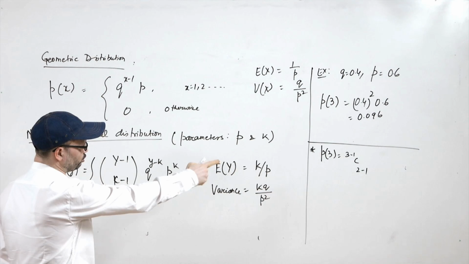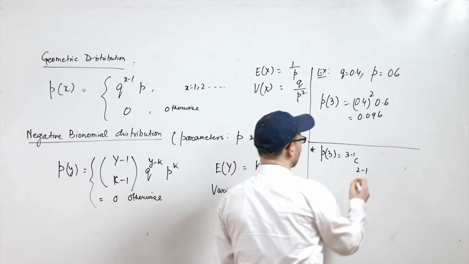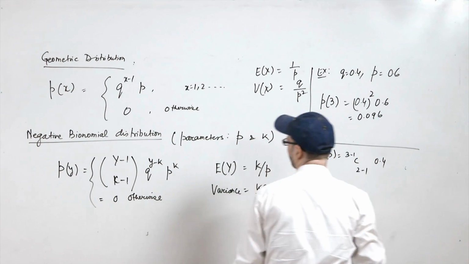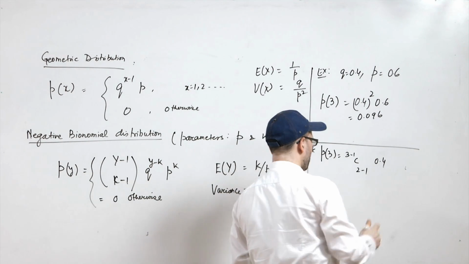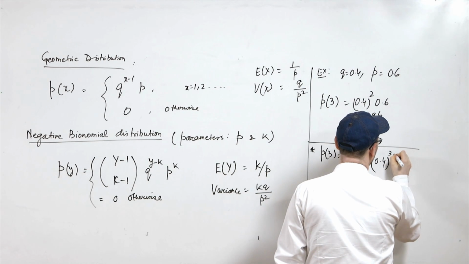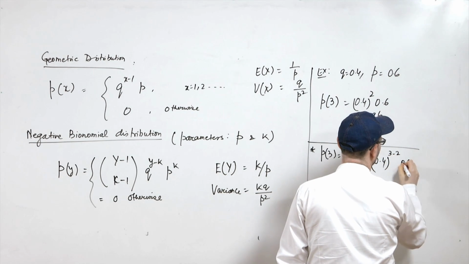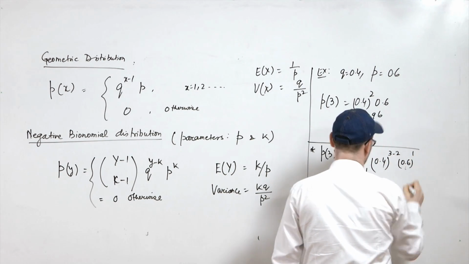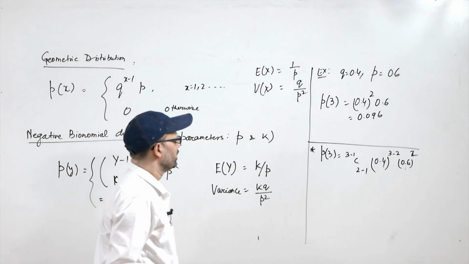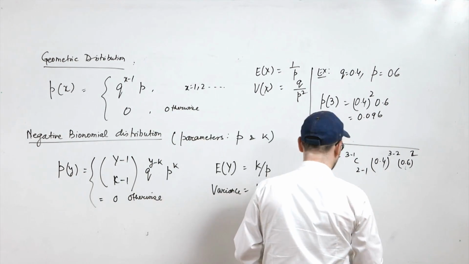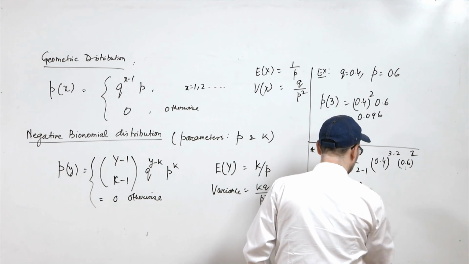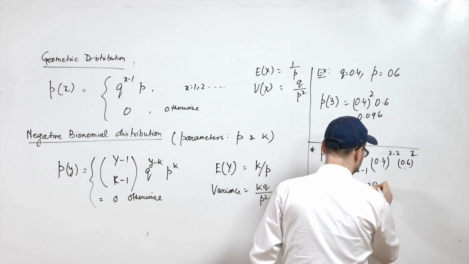So, 2 C 1, and in that case you have 0.4. So, q is there, and on that you have y minus k, that is 3 minus 2, and 0.6 raised to the power 2. So, it will be 0.4 into 0.6 into 0.6, so it will be 0.288.